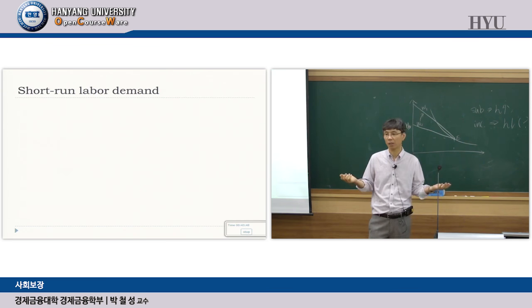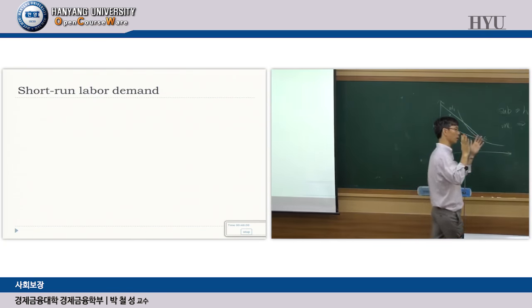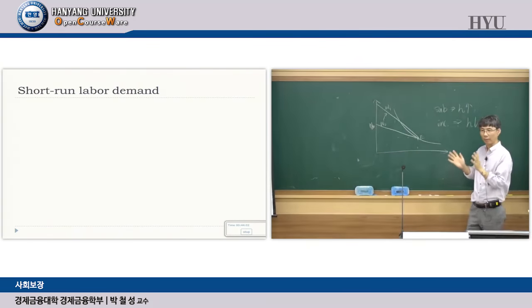Or if you want to have larger space, obviously you have to take time to find the place and then buy it and all those things. So if you compare the adjustment of labor and the adjustment of capital, adjustment of capital takes longer.